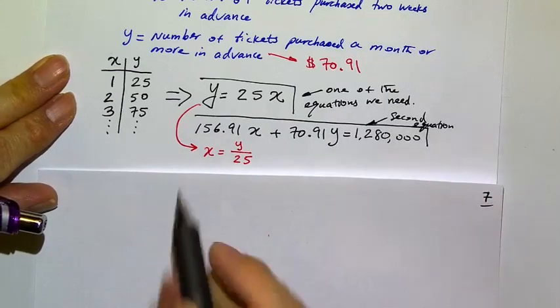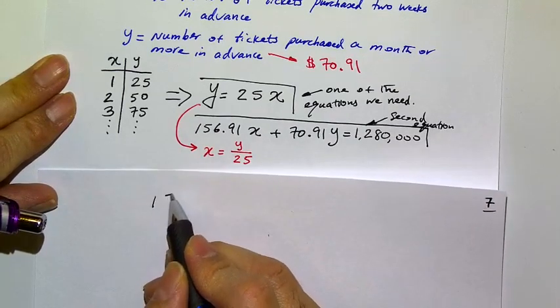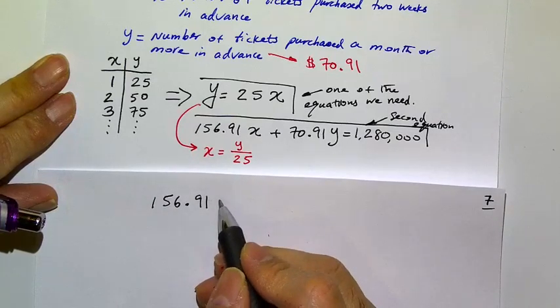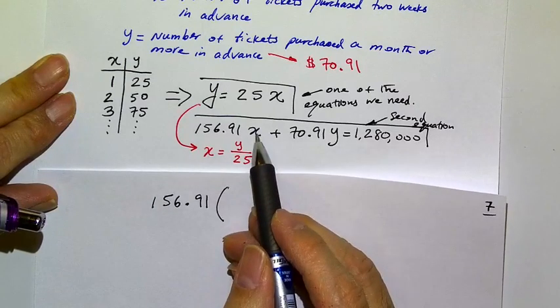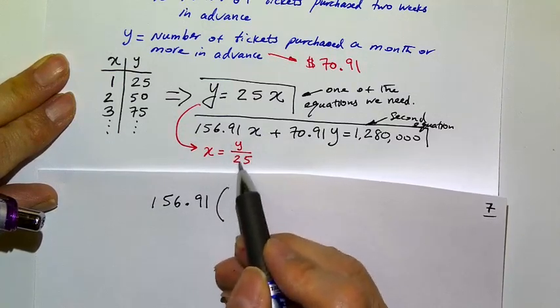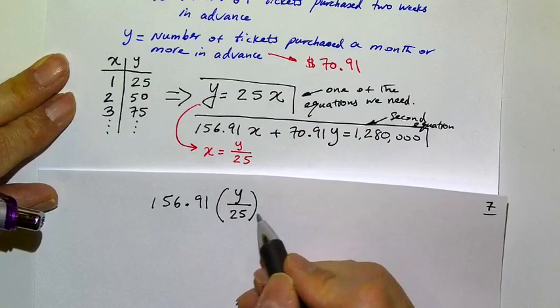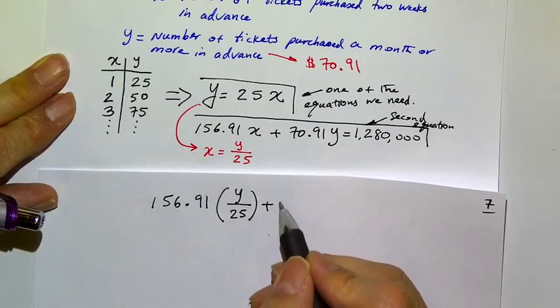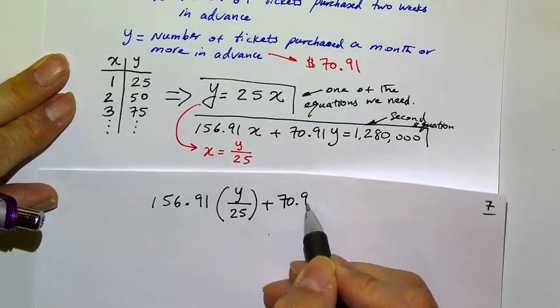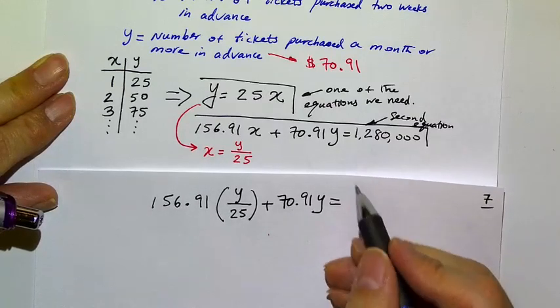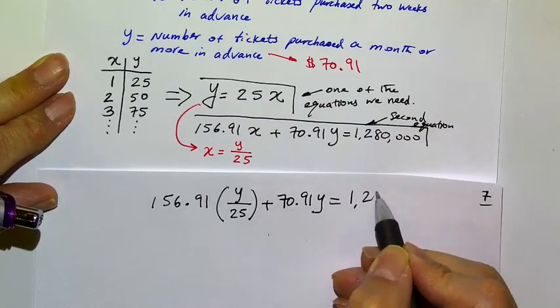So just starting with that equation, we have 156.91 times, instead of X, I'm going to plug in this quantity, Y over 25, plus this 70.91 Y equals 1,280,000.